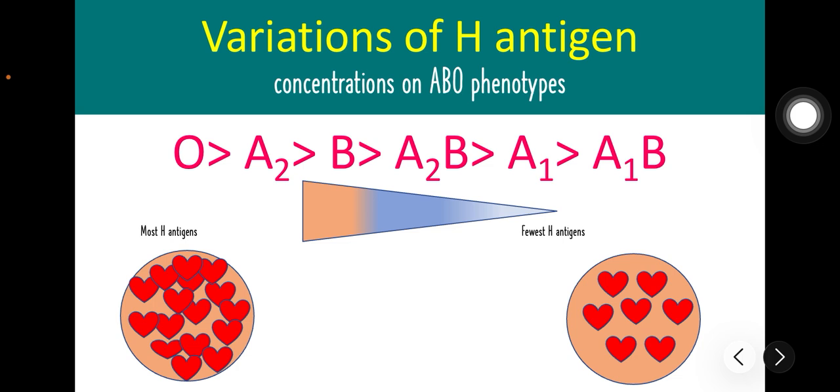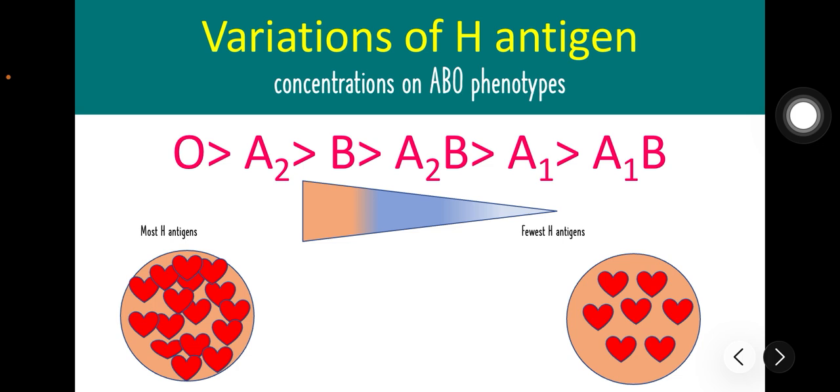While it uses more H than the A2 enzyme, it still leaves more H behind than the potent A1 enzyme. Next is our A2B. This phenotype inherits a less efficient A2 enzyme alongside a B enzyme. So the combination results in more conversion than a solo B or A2 type, but still leaves more leftover H than your A1 phenotypes.